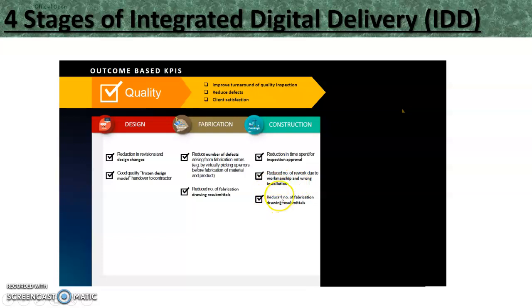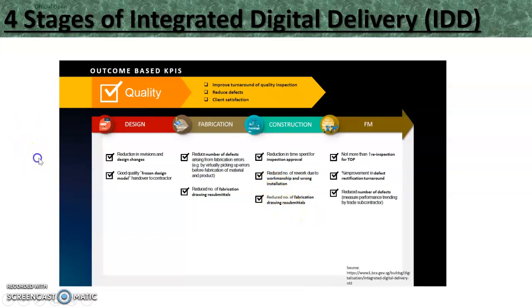They want to have reduced number of fabrication drawing resubmissions. And finally, the FM team can say that they want to aim for not more than one re-inspection for TOP. They want to have a percentage improvement in defects rectification turnaround. They want to reduce the number of defects.